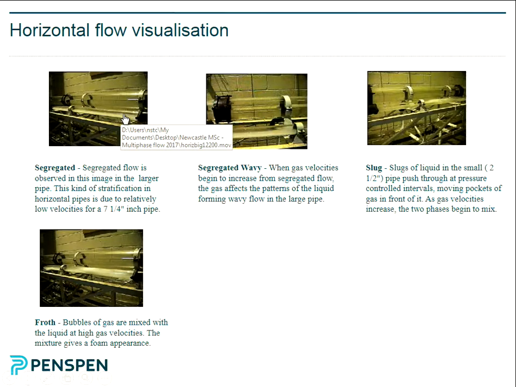I'll describe them, okay? Basically, there's a transparent perspex tube rig at the University of Texas in Austin, and they're videos of the different flow regimes. So in this one, it's in the larger pipe, and you just see a very unimpressive interface of liquid, which is segregated flow really.